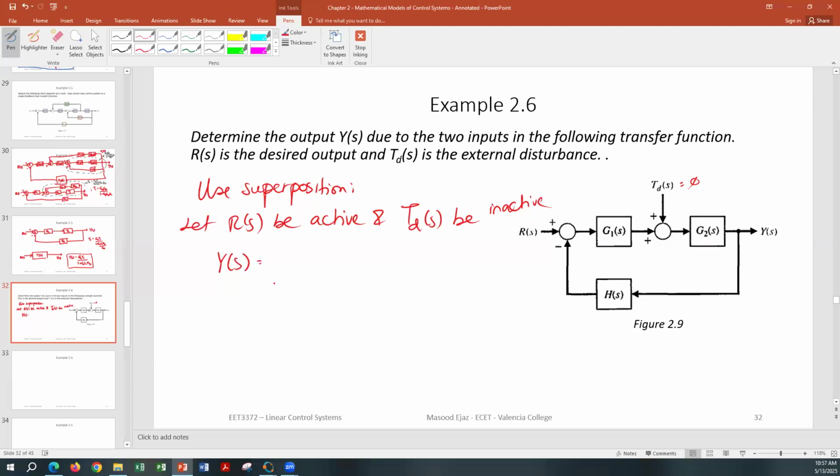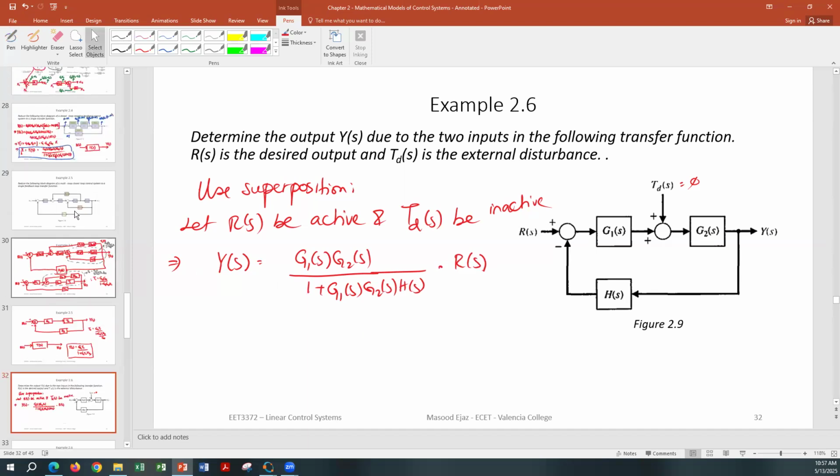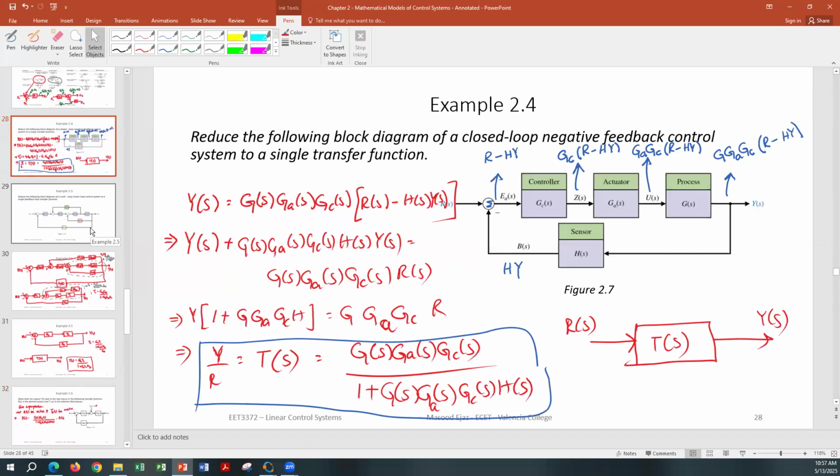will be equal to G1(s) G2(s) over 1 plus G1(s) G2(s) H(s), times R(s). And this is based upon what we did earlier.